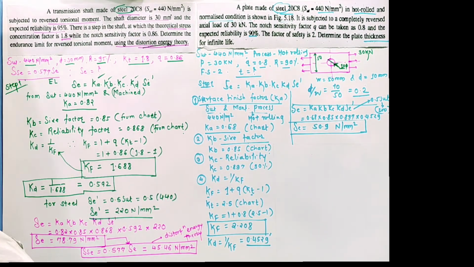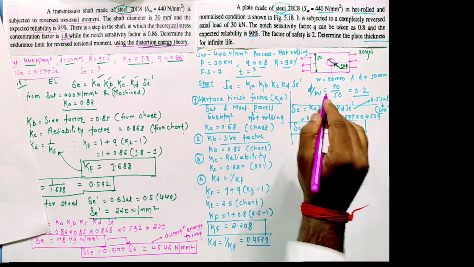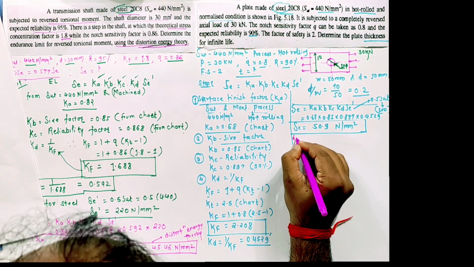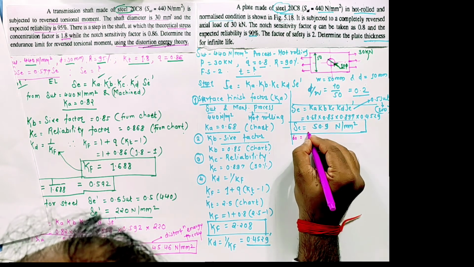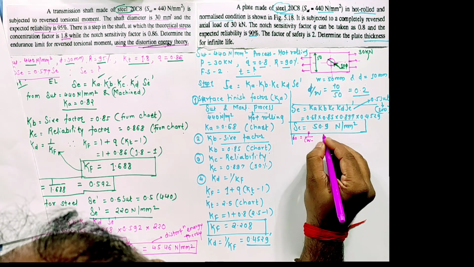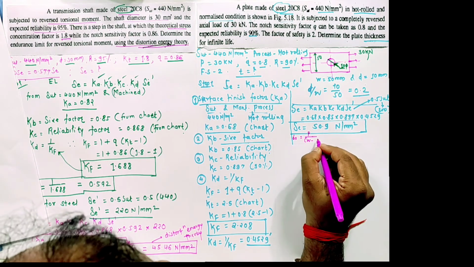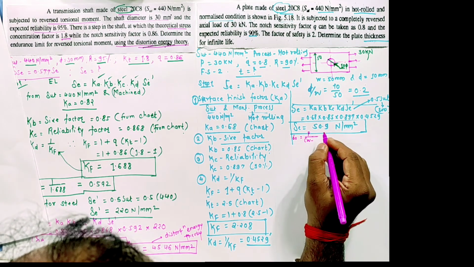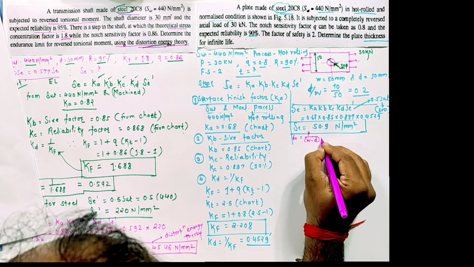Sigma o is equal to P by area, W 50 minus d 10, into thickness.